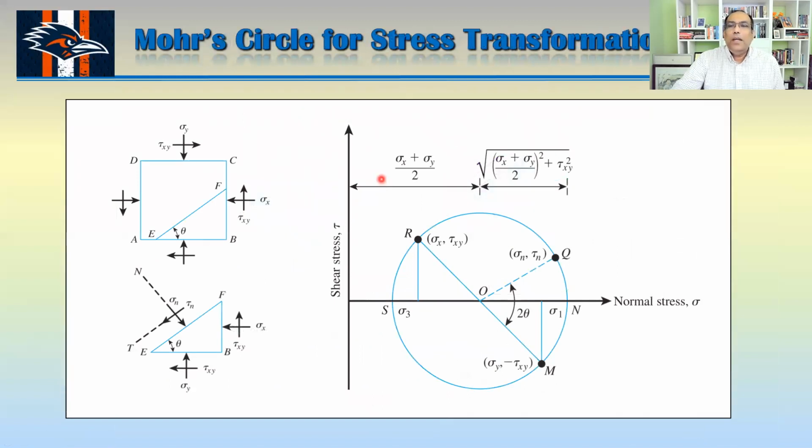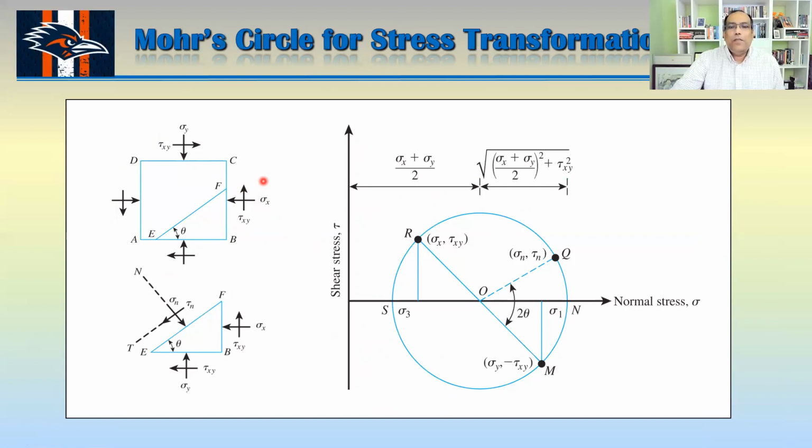Now, how do we draw the Mohr circle? You already know that, but we are just trying to refresh our memory a little bit. You can see here this is an element. This is sigma x, this is sigma y, and this is tau xy. So how do you draw the Mohr circle from there?